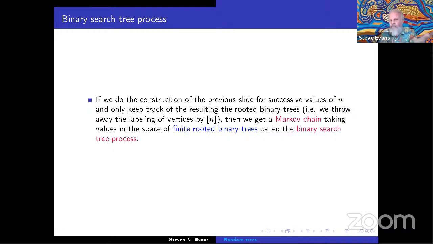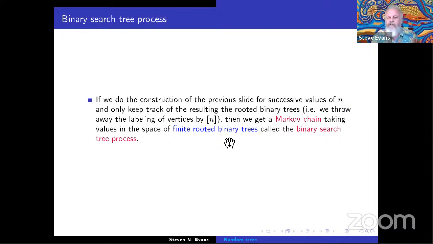Then with a little bit of argument, what you can check is that the resulting stochastic process is actually Markovian in its own right. It's pretty obvious that the guy where you keep the labels is Markovian, but if you throw away the labels, that guy is still Markovian, and we'll call that the binary search process.